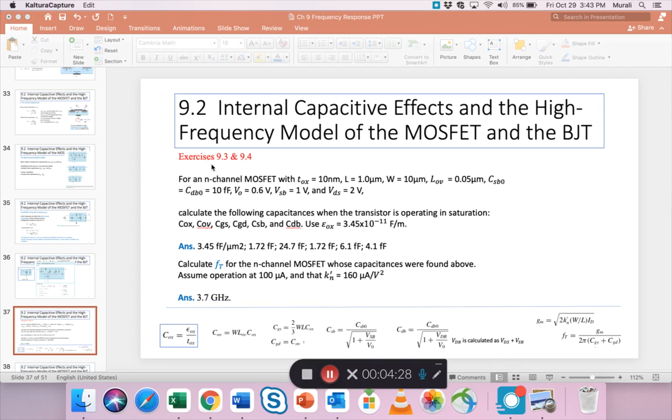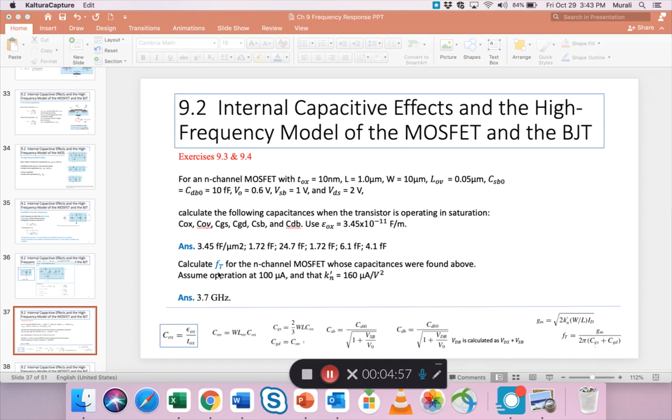Then that's 9.3. 9.4 says find the unity gain frequency, FT. Now remember, this is not the cutoff frequency. It's just the frequency at which the short circuit gain, also called HFE in some textbooks, is unity. HFE is also the short circuit current gain, output current by input current.